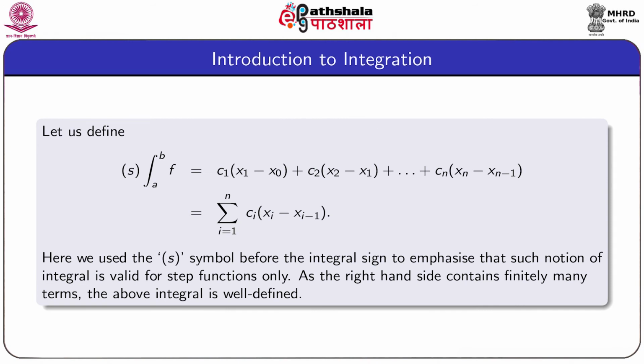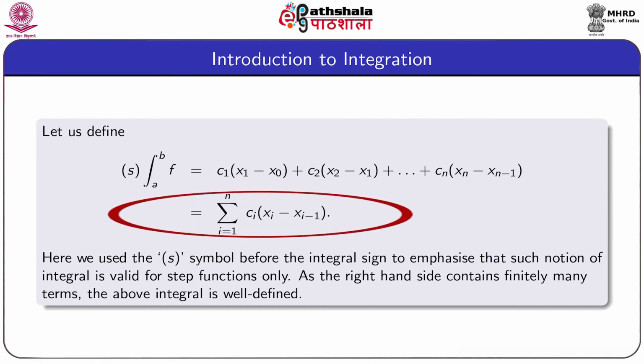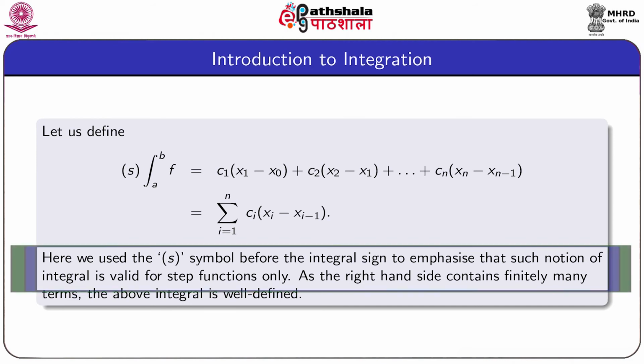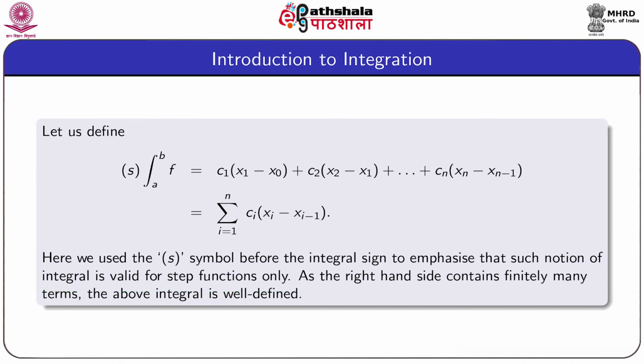We define S integral from a to b of f equal to the summation from i equals 1 to n of ci times (xi minus xi−1). Here we used the S symbol before the integral sign to emphasize that such a notion of integral is valid for step functions only. As the right hand side contains finitely many terms, the above integral is well defined.